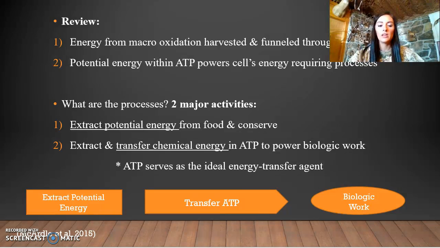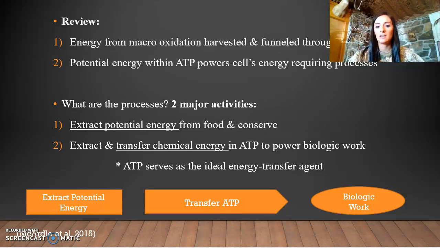So what have we gone over so far? Just a reminder of what we're trying to figure out here. Energy from macro oxidation is harvested and funneled through ATP, and potential energy within ATP powers the cell's energy-requiring processes. So what are the processes?